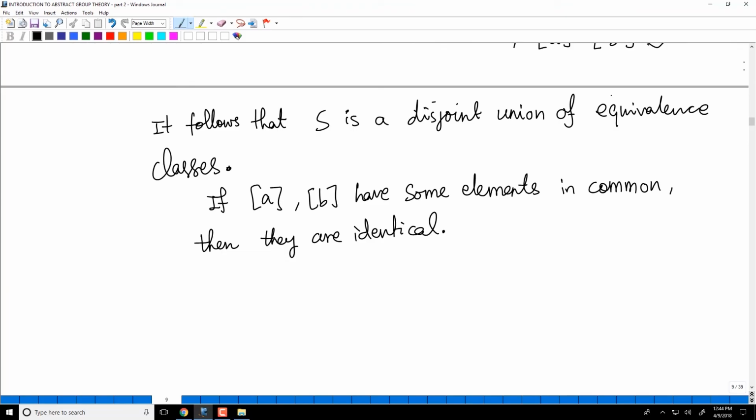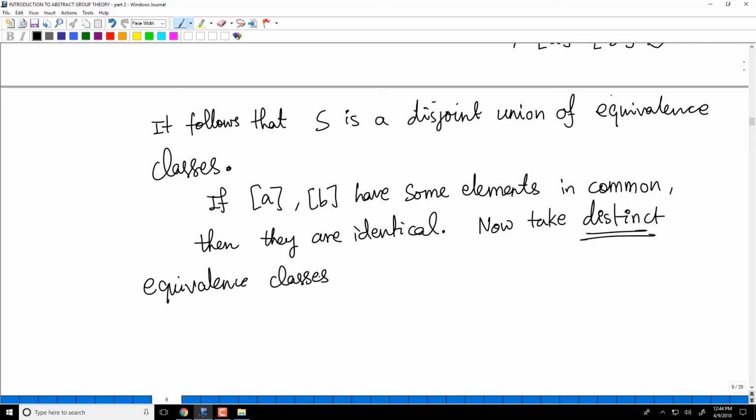So if you have two equivalence classes that have some elements in common, they are identical. Now take distinct, so not equal, equivalence classes. They are all mutually disjoint because they are distinct, right?